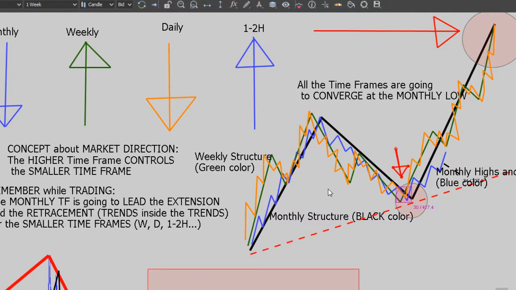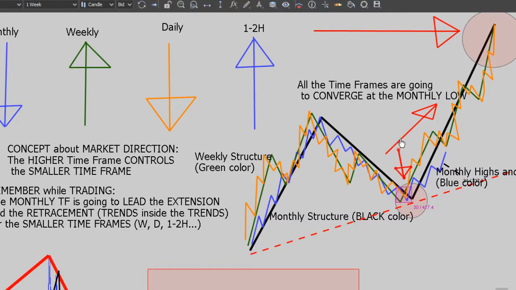Okay? First question, do you understand that the black line, the monthly, when it finds its structural low, is going to lead all the other time frames up? Do you understand this? This is the starting point.